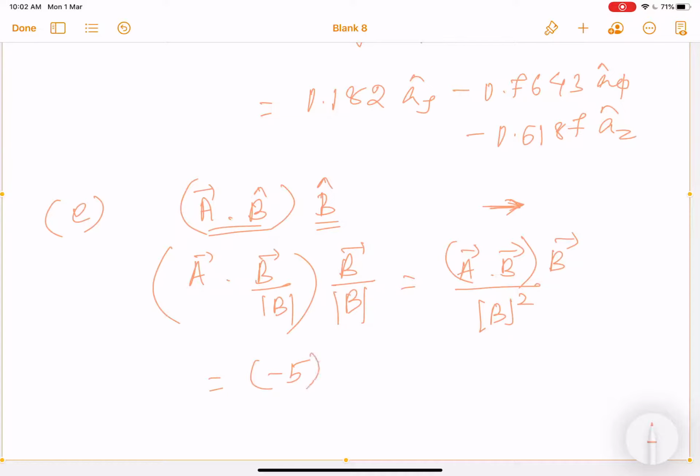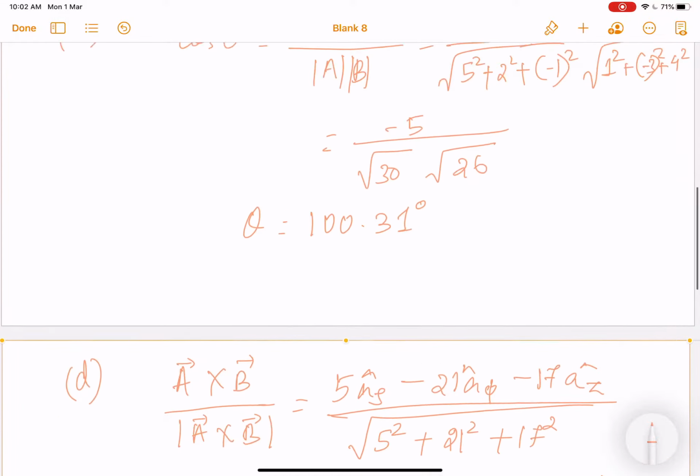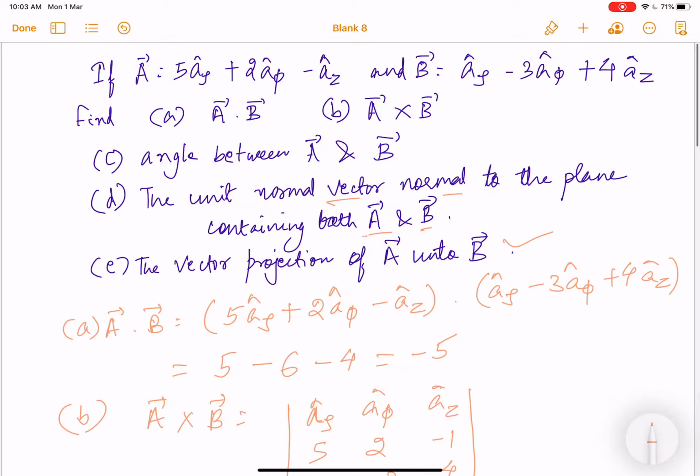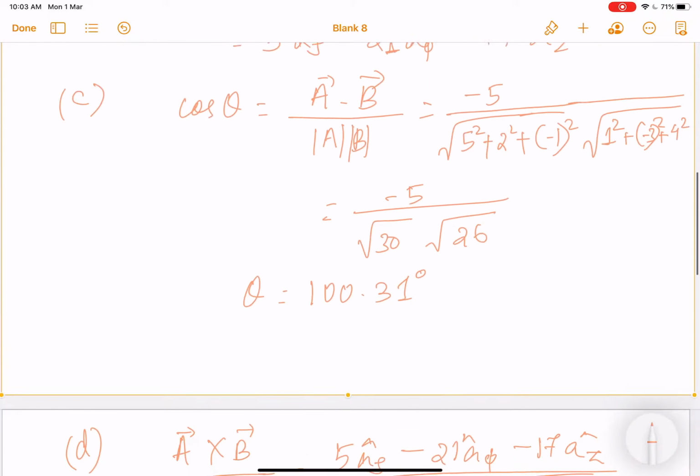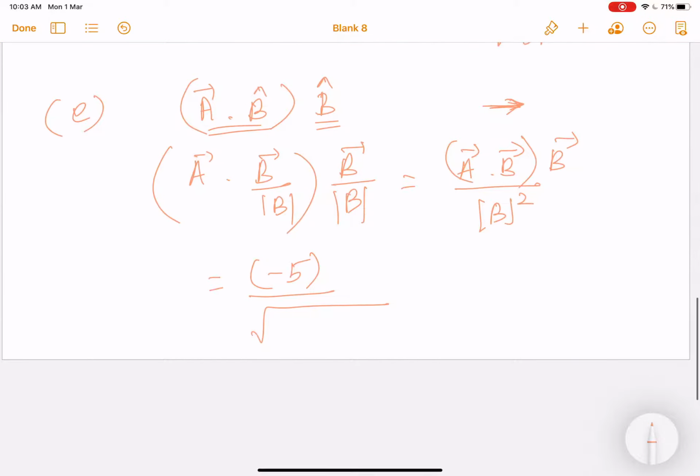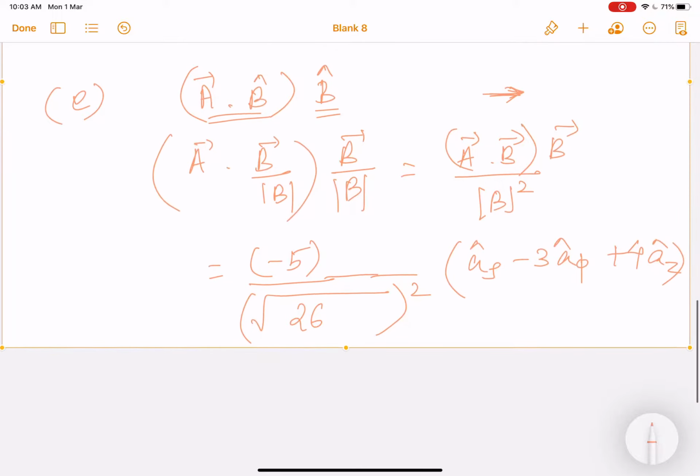Then what is the magnitude of B? It is the root of, let's check, B is 1, minus 3, 4. So this is 1, 9, 16, which is 26. Root 26 is the magnitude of B. Then take this whole squared, into vector B. Vector B is a_rho minus 3 a_phi plus 4 a_z.